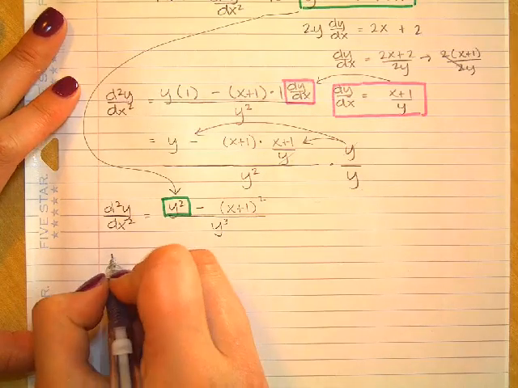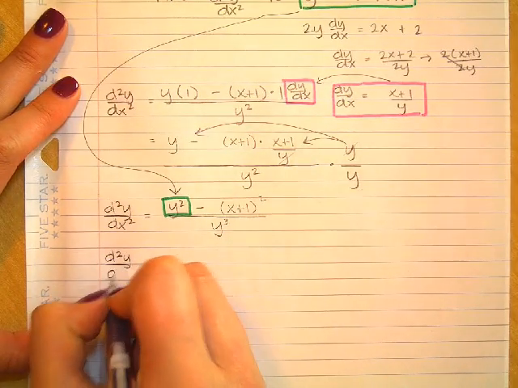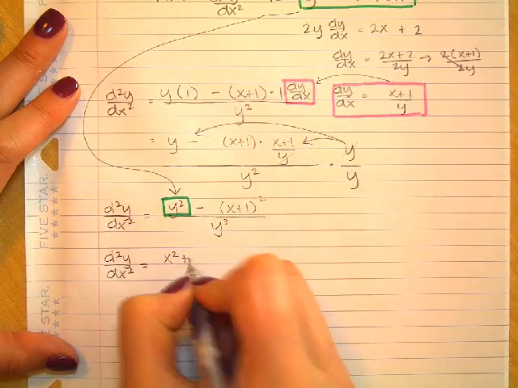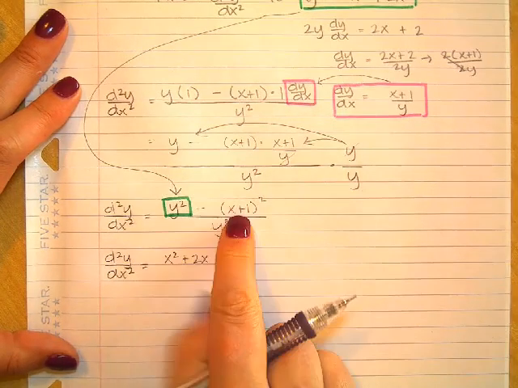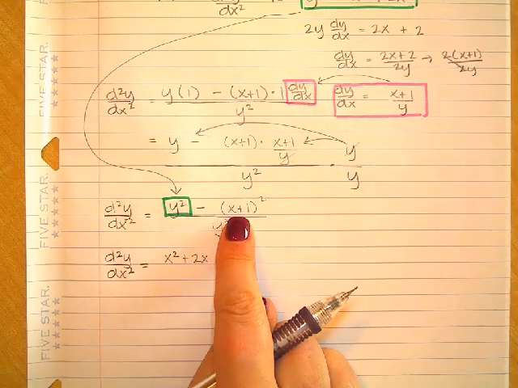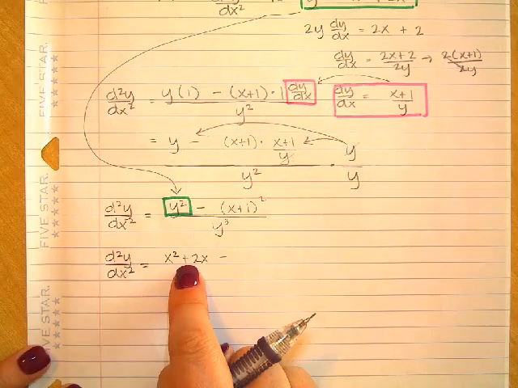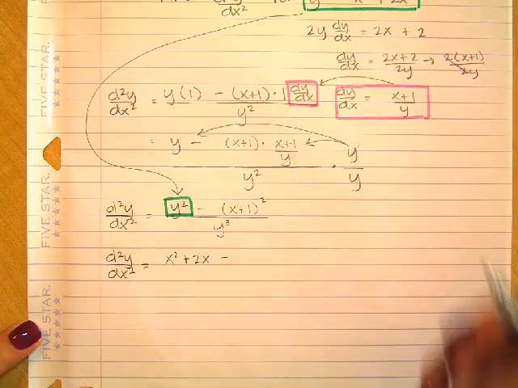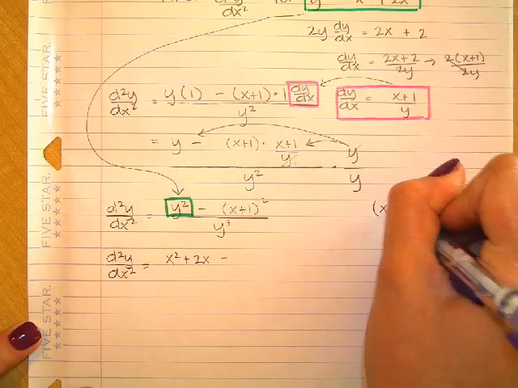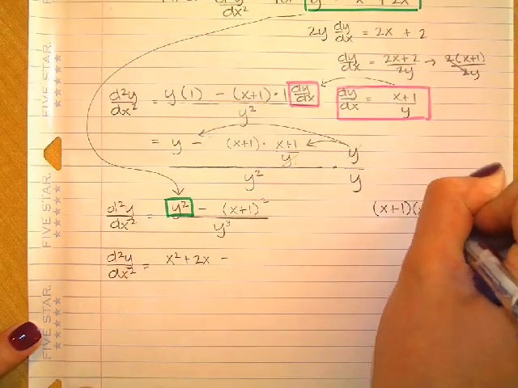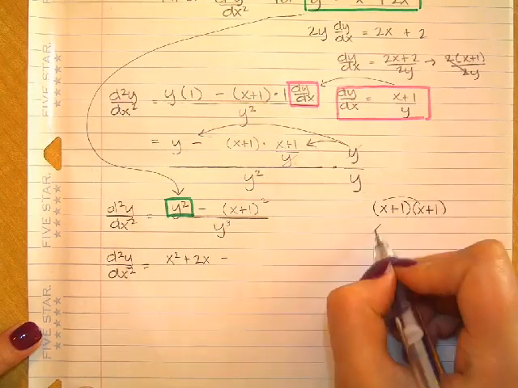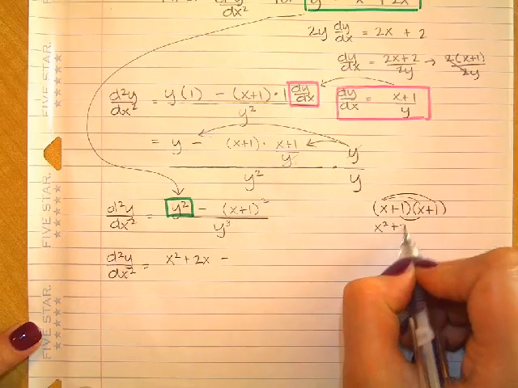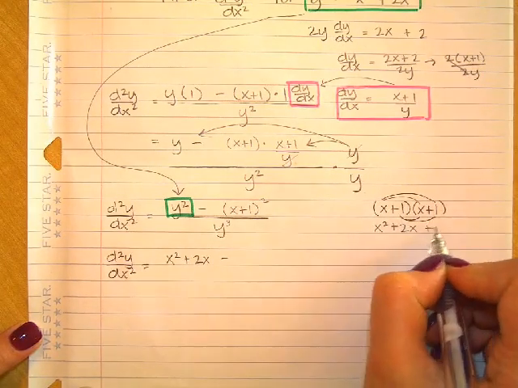So my second derivative equals x squared plus 2x, minus, now I have (x plus 1) squared, but since I've made this substitution, I think that maybe if I FOIL this out, some of the stuff would cancel. So I'm going to go ahead and FOIL it out over here. I've got x times x, x times 1, 1 times x, and then 1 times 1.